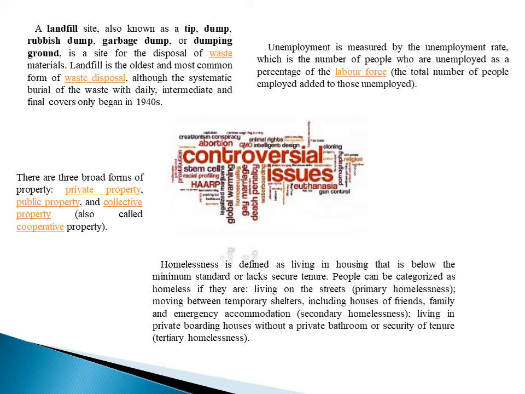People can be categorized as homeless if they are living on the streets, moving between temporary shelters, including houses of friends, family, and emergency accommodation, or living in private boarding houses without a private bathroom or security of tenure.